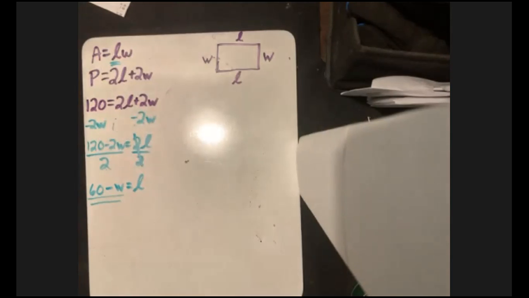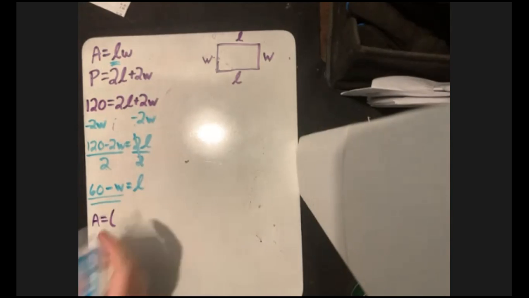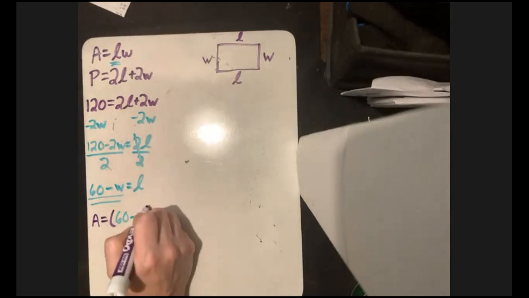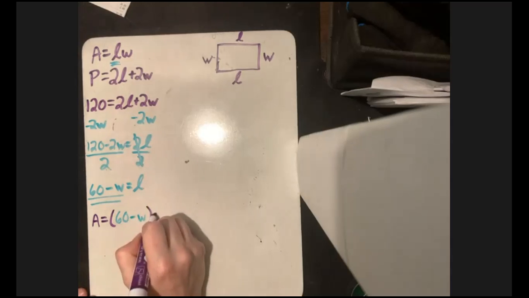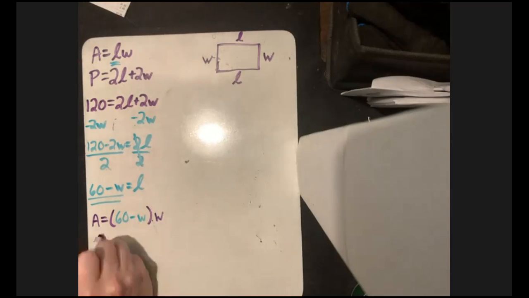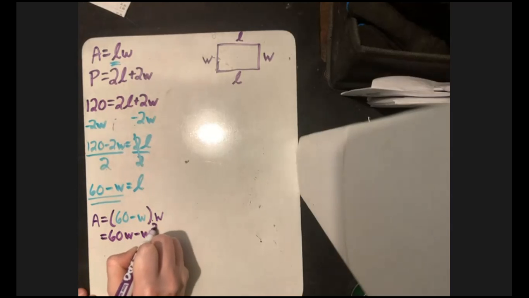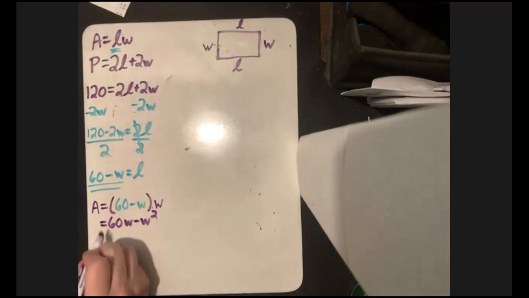And again, I'm going to replace this L with what I know it is down here. So now I have area equals 60 minus W times W. I'm going to distribute. So I have 60W minus W squared. Now, I do want to get this in a more traditional order, but I do need to watch my signs here. So my W squared is negative.